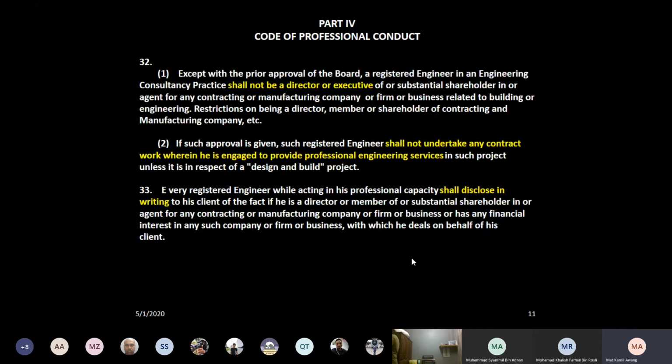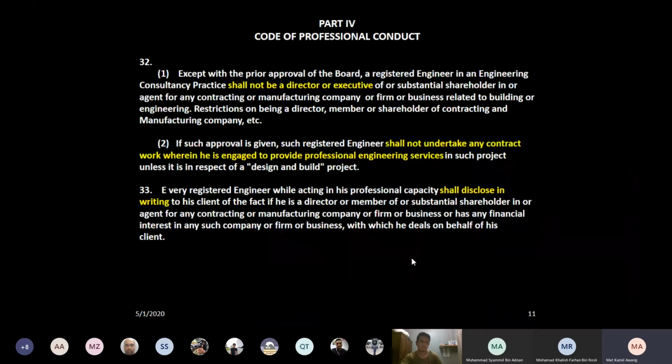32.1, except with the prior approval of the board, a registered engineer in engineering consultancy practice shall not be a director or executive of, or substantial shareholder in, or agent for any contracting or manufacturing company or firm or business related to building or engineering.